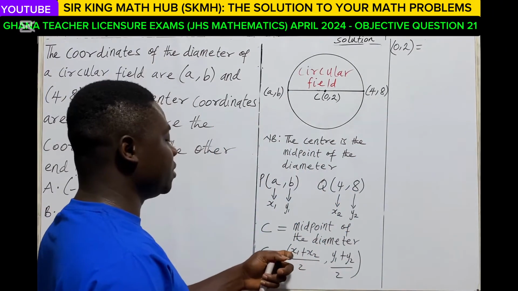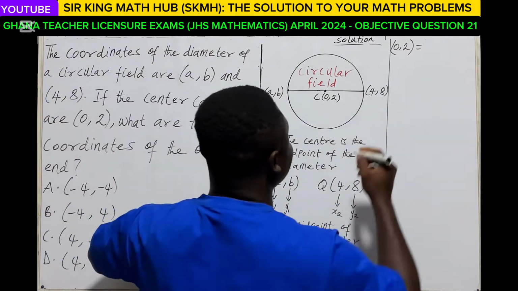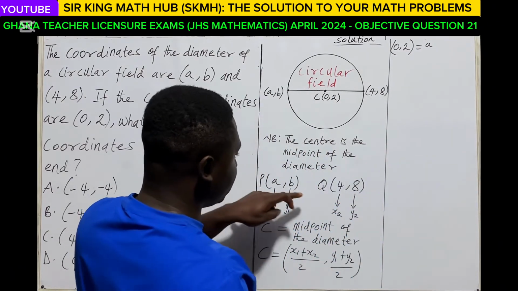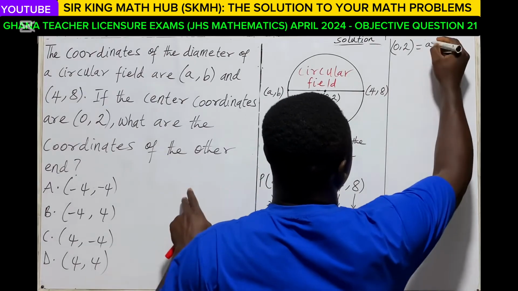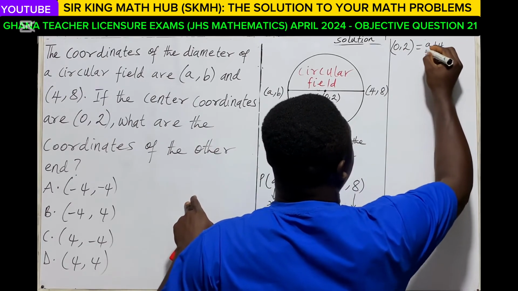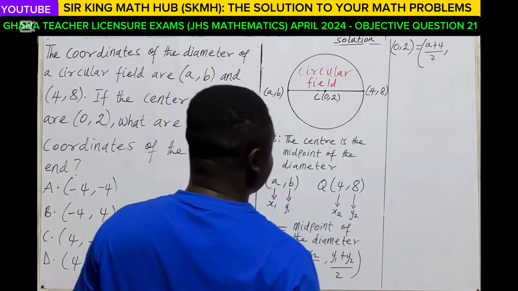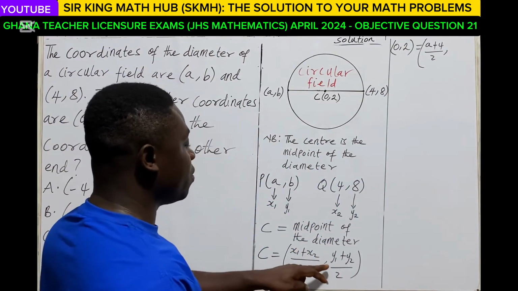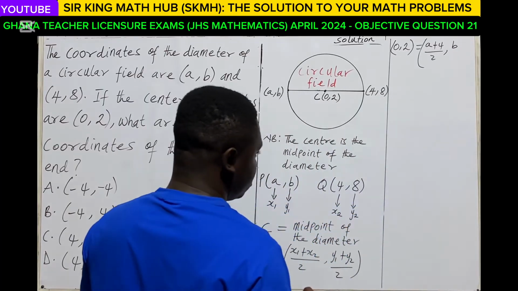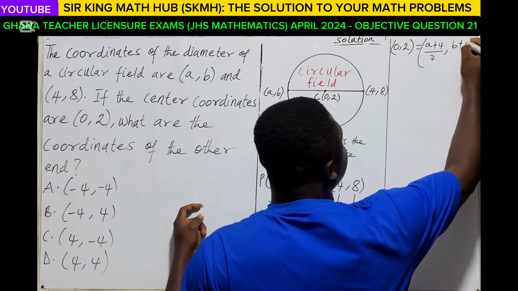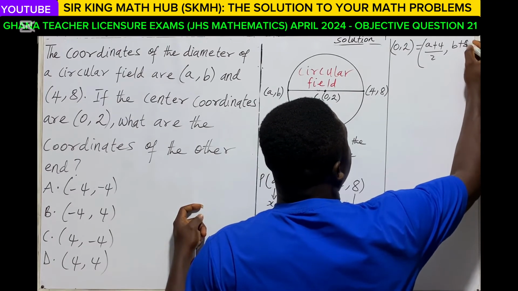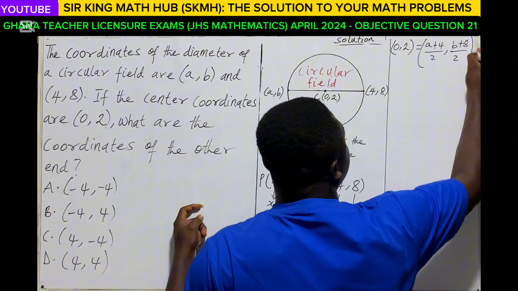Let's do our substitution. We have A as x1, 4 as x2, all divided by 2. That is for the x coordinates. And then for the y coordinates, y1 we have b, y2 we have 8 divided by 2.